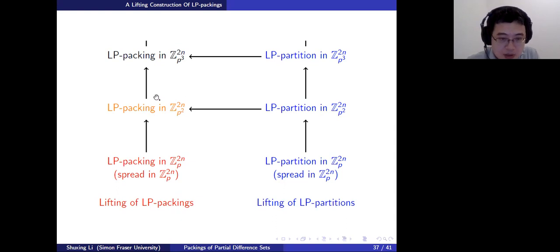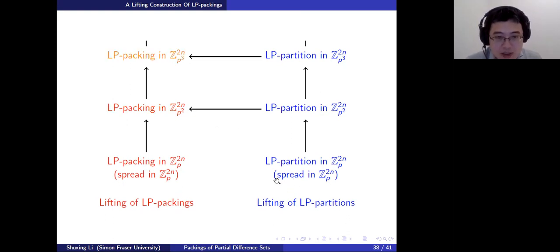Okay, so this LP packing serves as the seed for the next level. For the next level, we just use the LP packing at p squared and the LP partition at p cubed to construct an LP packing at p cubed. Okay, so indeed, it's a double lifting construction.